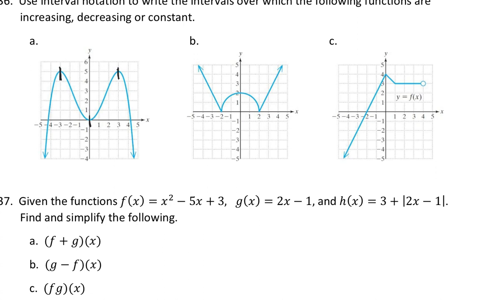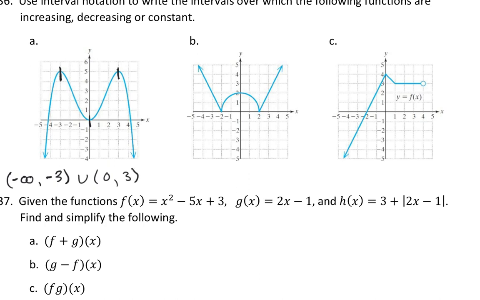So now looking at this, to the left of the first one that I marked right here, it seems to be increasing from negative infinity to -3. And then it starts decreasing, then it increases again from 0 to 3.